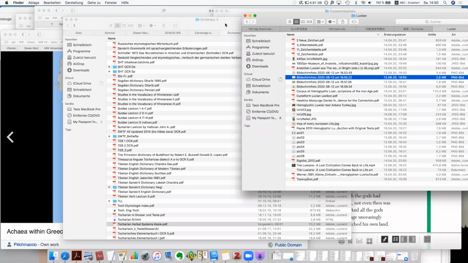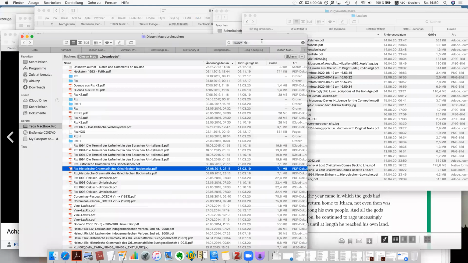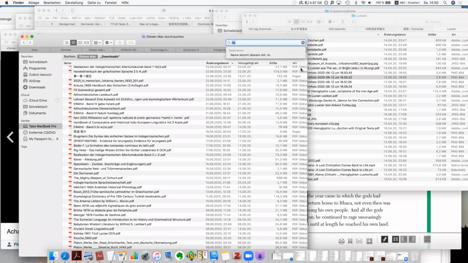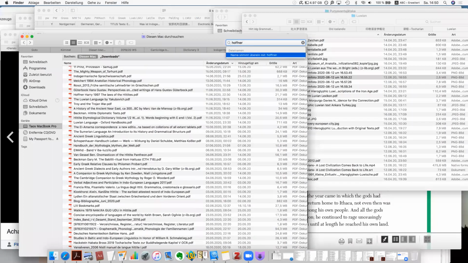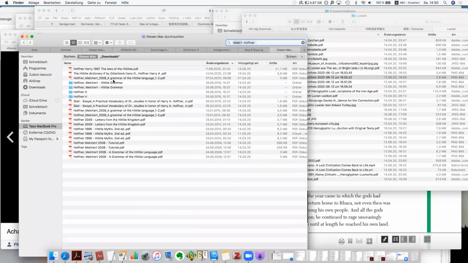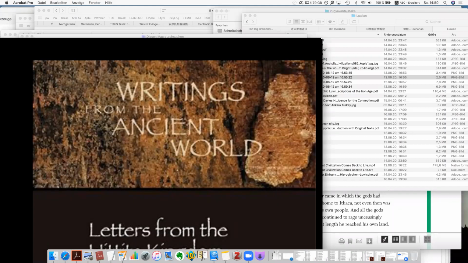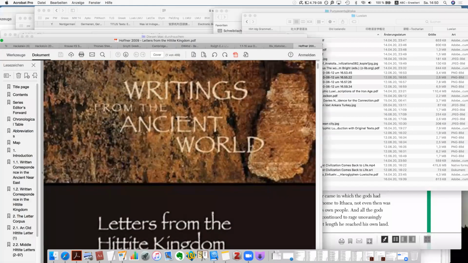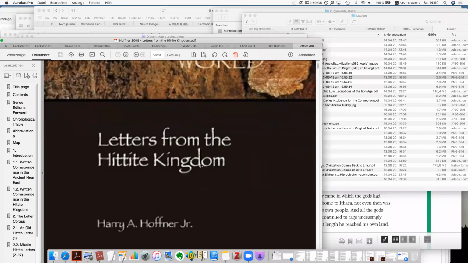I think I can show you the Hittite document. Okay, wait a minute. So let's check the book by Hoffner, which we used last time for the Hittite letters. So this is a book we used last time.